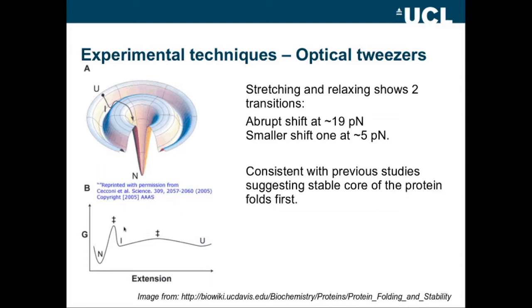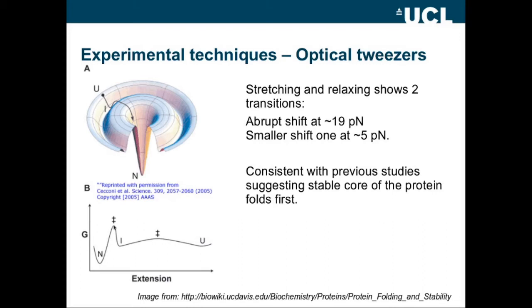If you look at the graph here, this is the amount of extension we're getting, and this is the force being applied. So with the protein in its native state here, we now start to apply some force to pull the protein apart, and we go through an energy maximum here.